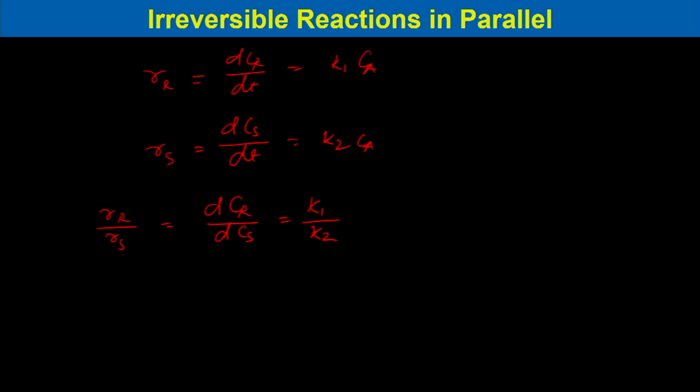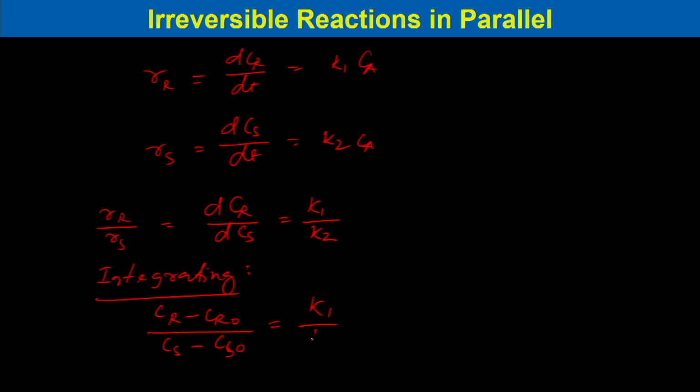Then we can integrate these equations and simply obtain (C_R minus C_R0) divided by (C_S minus C_S0) equal to k1 by k2.